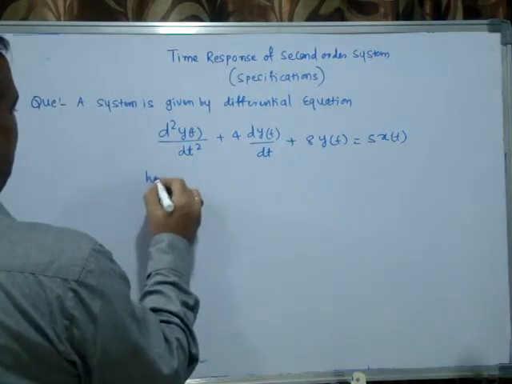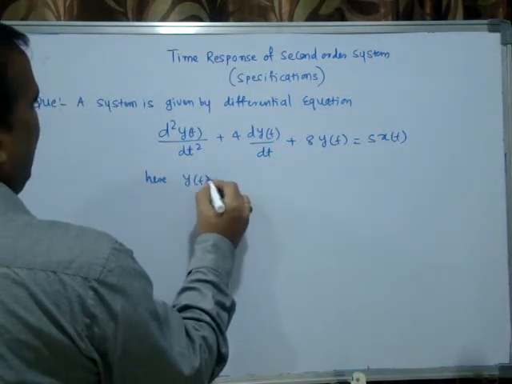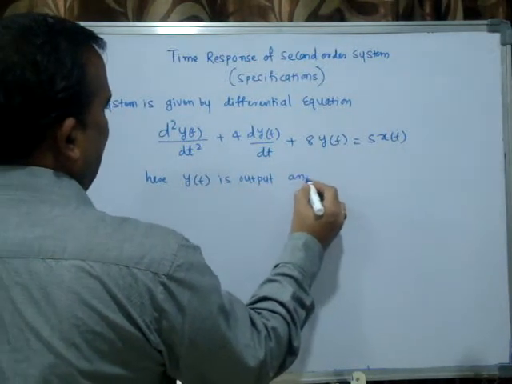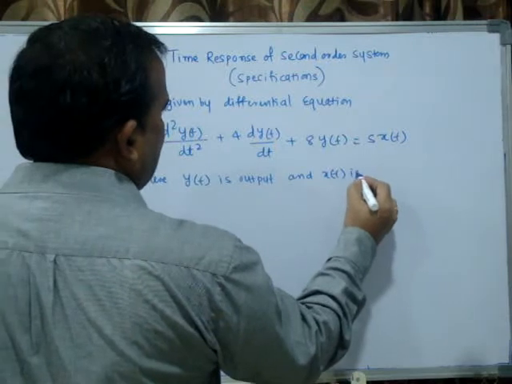Here y of t is the output and x of t is the input.